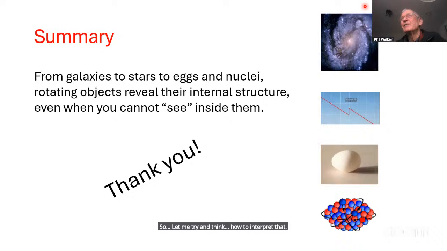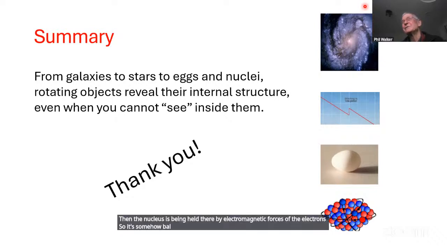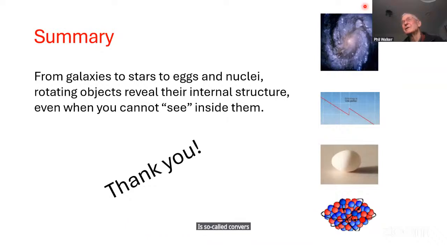If you have a nucleus rotating inside an atom, then the nucleus is being held there by the electromagnetic forces of the electrons. So it's somehow balanced in the middle and spinning round, and that nucleus can interact with the electrons. A very well-known form of de-excitation of nuclei is so-called conversion electron emission.